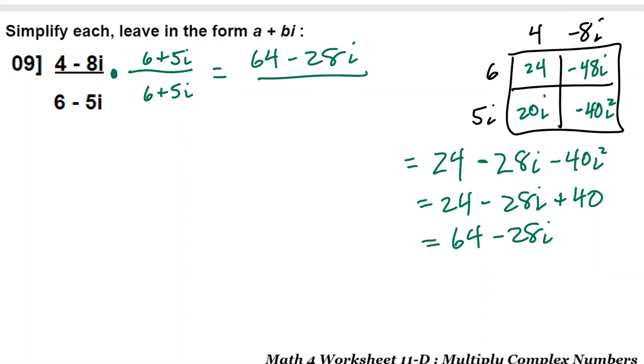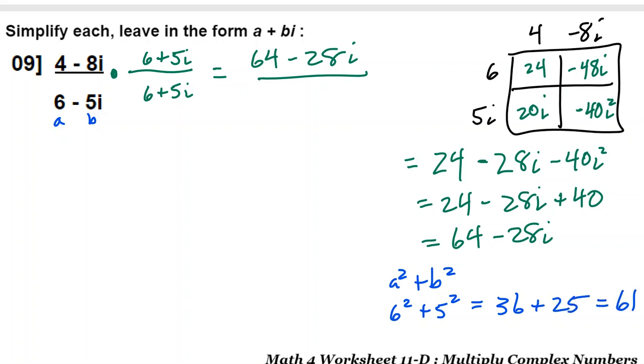And then meanwhile, we're going to have a squared plus b squared, which is going to be 6 squared plus 5 squared. That is 36 plus 25, which is 61. And 61 is prime. So nobody's going to reduce there.